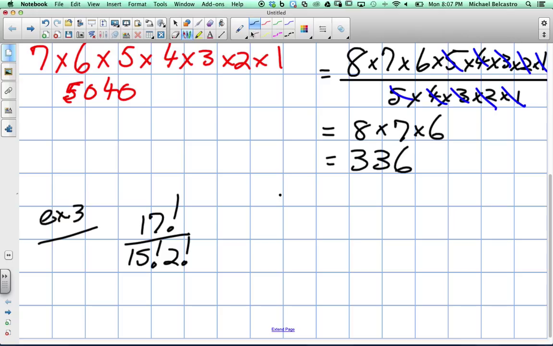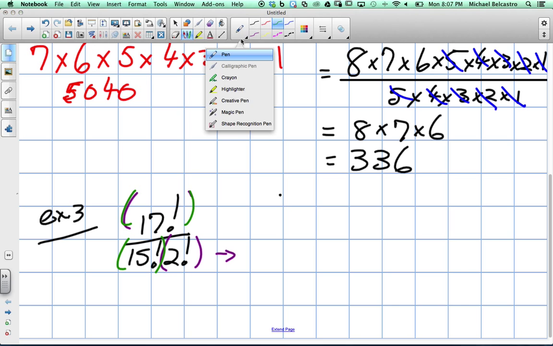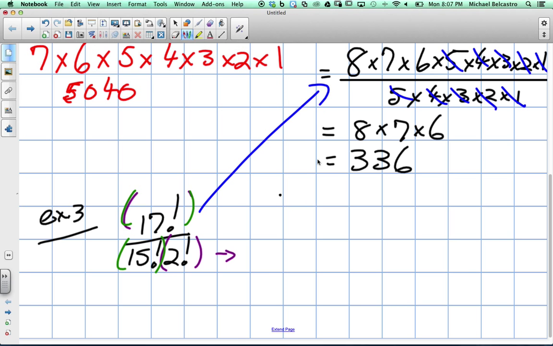I'm going to remove the 2 factorial from the bottom, and just focus on the 17 and the 15, because using this idea, I can cancel out the 15 and just leave the number 17 times 16 on top. Because we know those 15s are going to cancel all the way out with the 17. Does that make sense with what we said before?